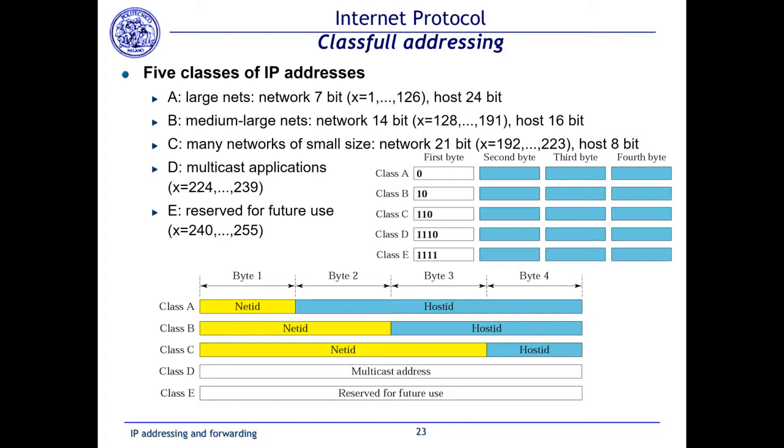We as human beings can understand the class from the decimal value of the first byte. So if you have an address that in decimal notation starts with a number between 192 and 223, let's say 200, then you know that that is an address belonging to class C, and so on and so forth.